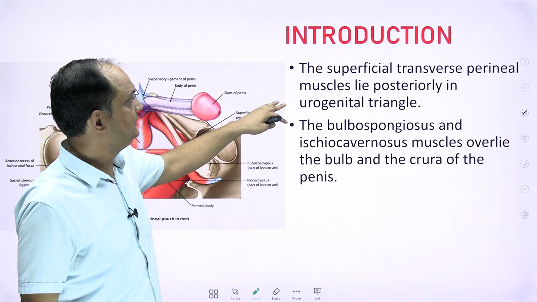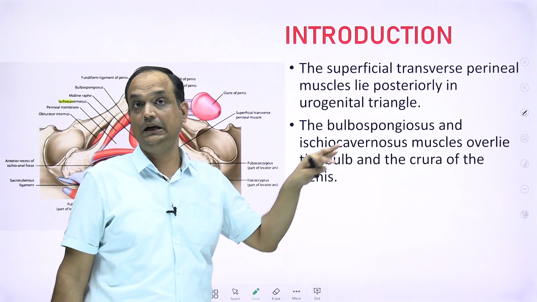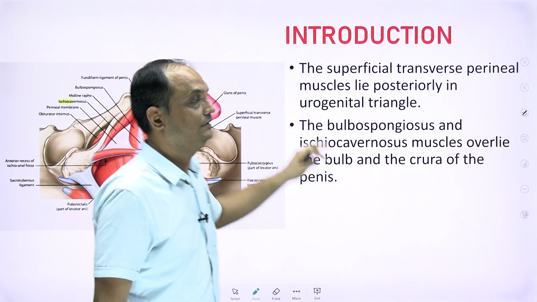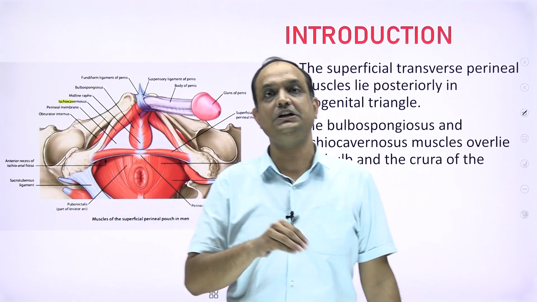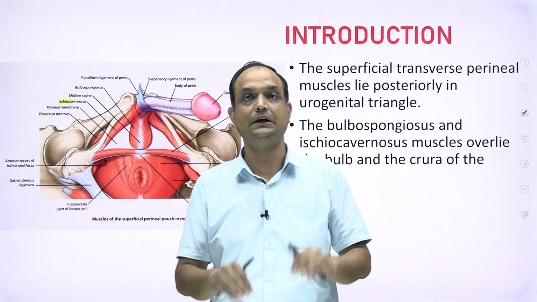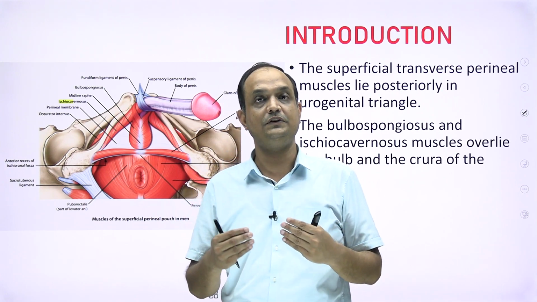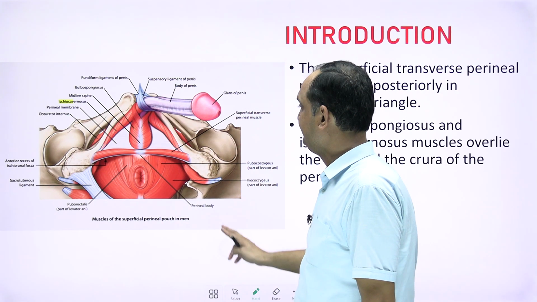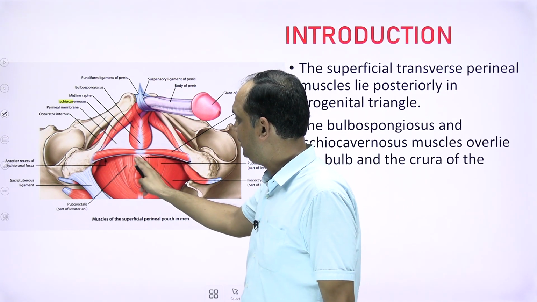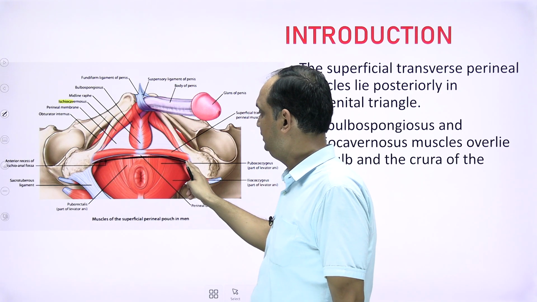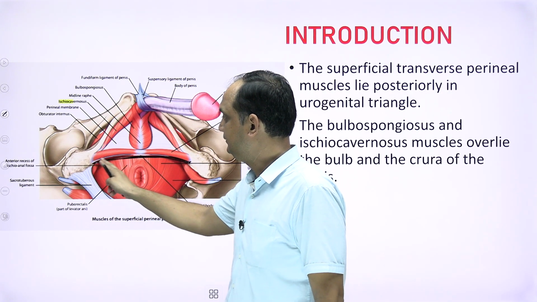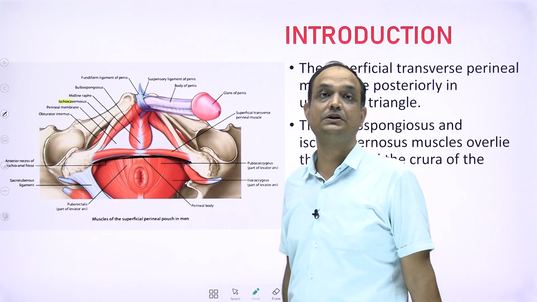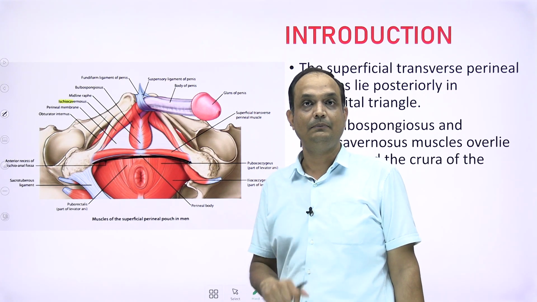Among the three muscles, the superficial transverse perineal is the most posteriorly located, horizontally placed muscle in the superficial perineal pouch. In this image, this is the posterior border of the urogenital triangle, and this posterior border is demarcated by the posterior margin of the perineal membrane.